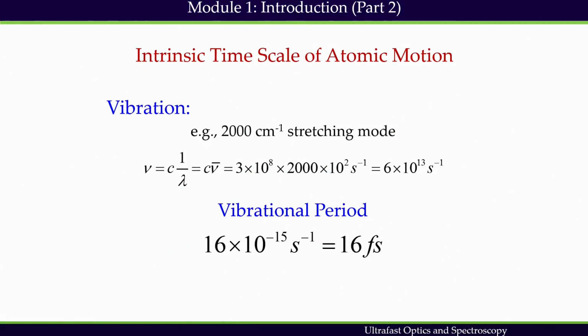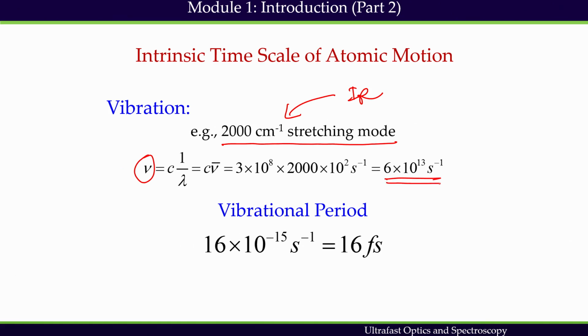If I consider a 2000 wave number stretching mode, this can be obtained from IR spectroscopy. A particular stretching mode can have a particular value, the excitation value. So if it is a 2000 wave number stretching mode, then I'll be able to convert this 2000 wave number to its frequency.